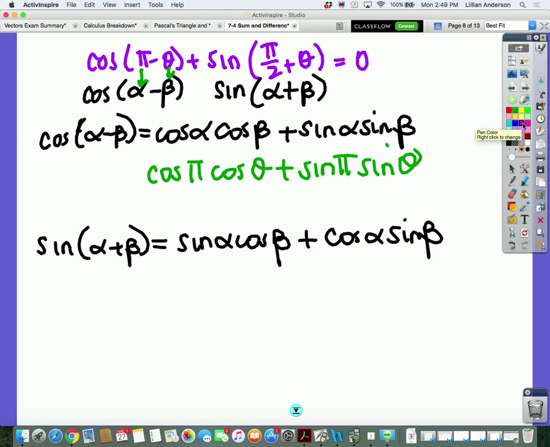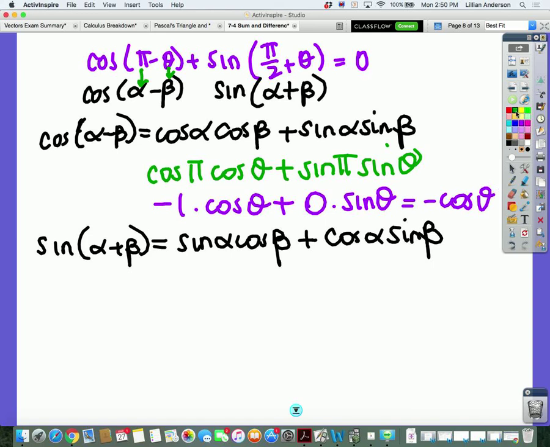So then, what's the cosine of pi? Negative 1. So that's negative 1 times cosine theta plus what's sine pi? 0 times sine theta. Does anyone see that? That simplifies down to be what? Negative cosine theta. Now you do the same thing with the sine of pi over 2 plus theta. It's just now alpha is going to be pi over 2, beta is going to be theta, and you plug in pi over 2 and theta.